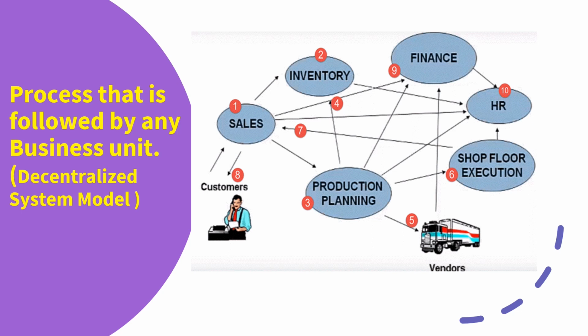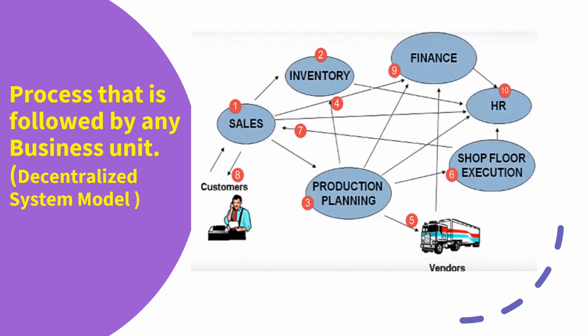The sales team updates the finance department with the revenue generated by selling the product. Also, the production planning team updates finance with the payments made to different vendors for buying raw material.